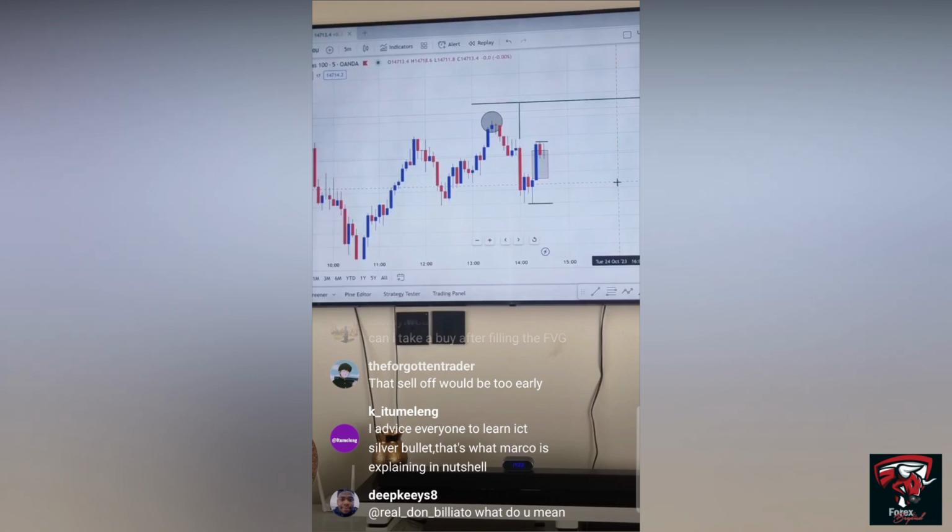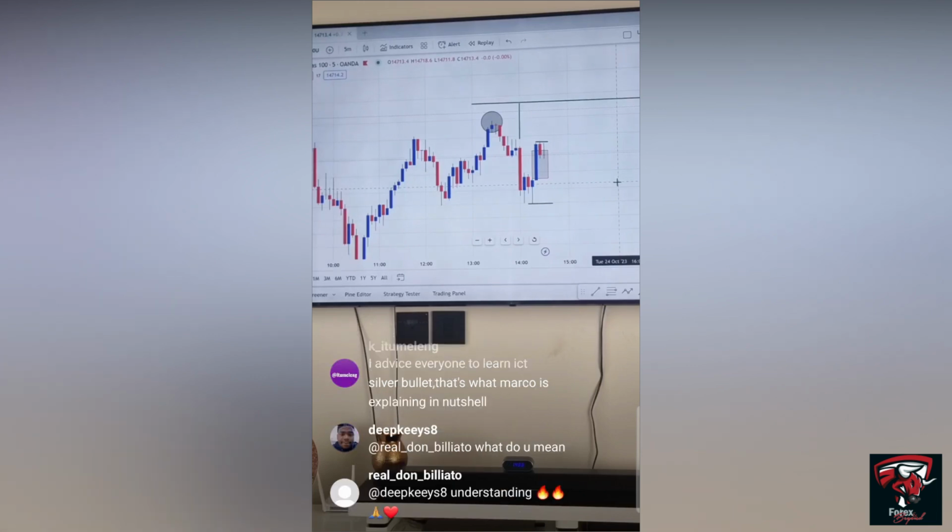Silver bullets from, if I'm not mistaken, Hoppus 3 or 4. I'm not explaining that.